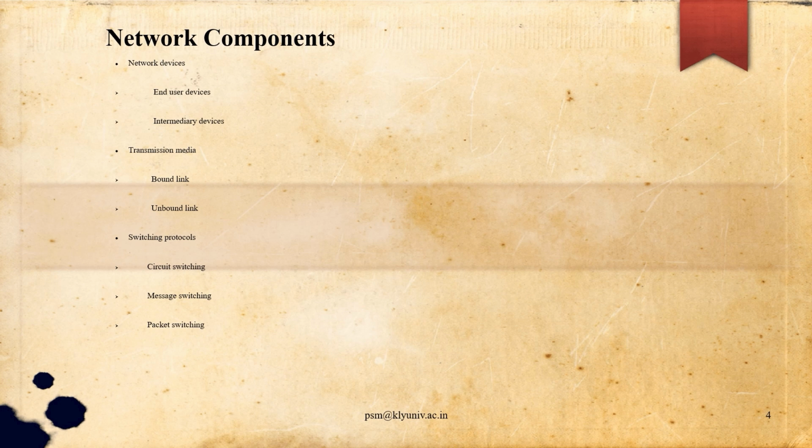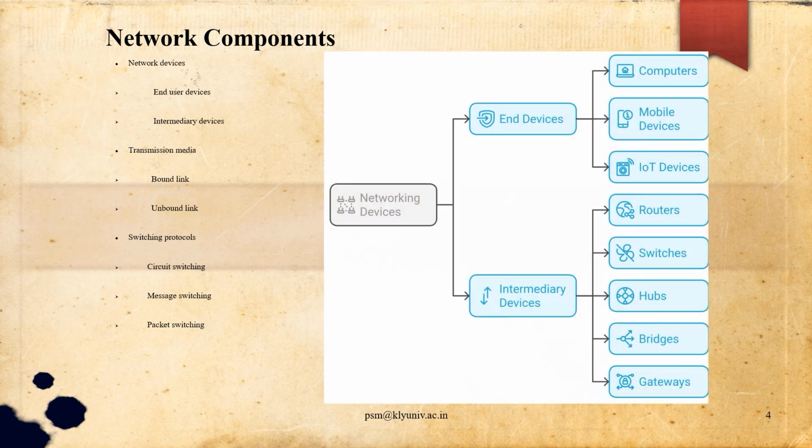Our router sends that packet to the US router. The US router reassembles that, and another protocol works there, and finally your friend can see that email. So a lot of things are happening in between communicating this. And here in this graphical structure you can see what the end user devices are and what the intermediary devices are, like hub, switch, router, gateways, and so on.